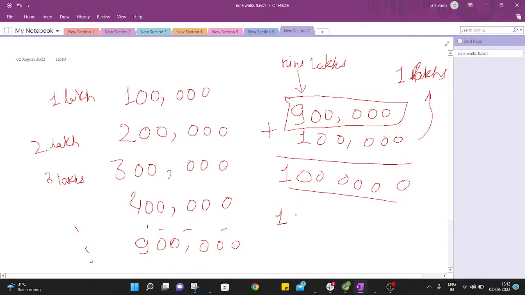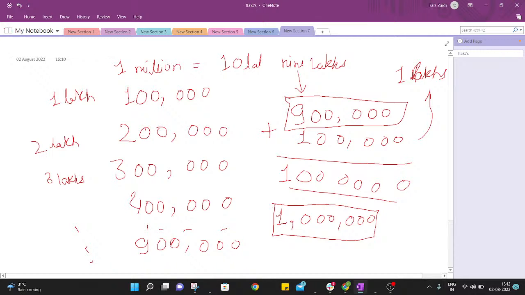But in 10 lakhs, how are we going to put commas now? In 10 lakhs we can put commas like 1 comma 0 0 0 comma 0 0 0. This is 10 lakh. Or you can also say it as 1 million. So let me write 1 million equals 10 lakhs.